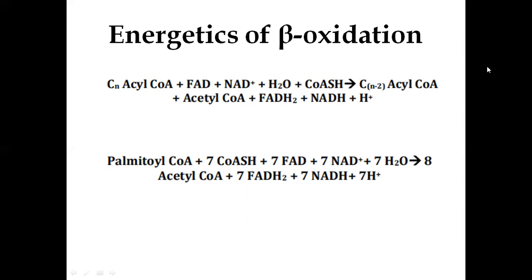And the remaining acyl CoA, that is the new acyl CoA containing 2 carbons fewer than the original acyl CoA, enters the beta oxidation cycle. And this process continues till the fatty acid is completely oxidized to acetyl CoA.